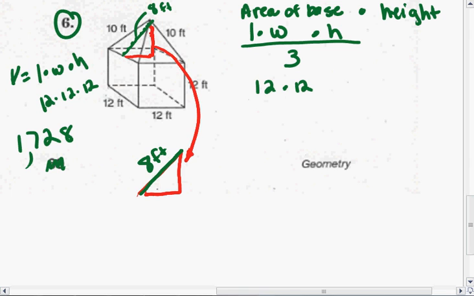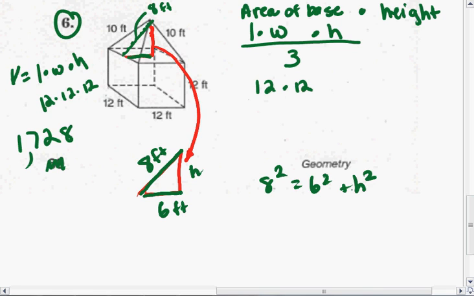I know this part here of the right triangle, that's halfway into the middle of my pyramid. Half of 12 again is going to be 6. 6 feet. And I'll use Pythagorean theorem one more time. 8 squared equals 6 squared plus h squared.